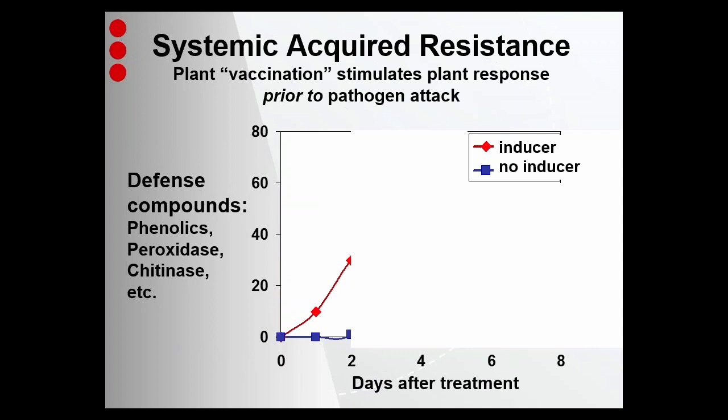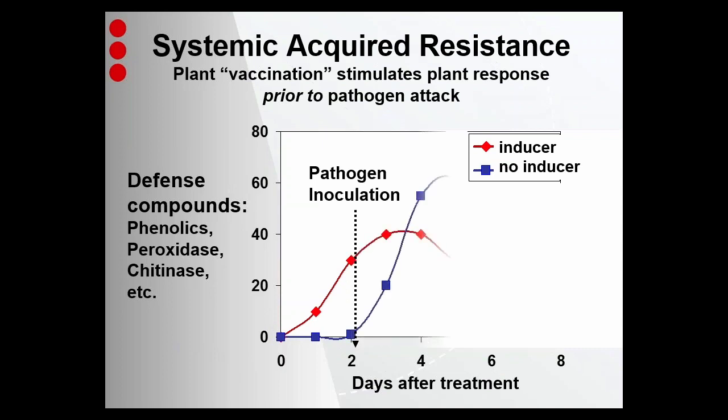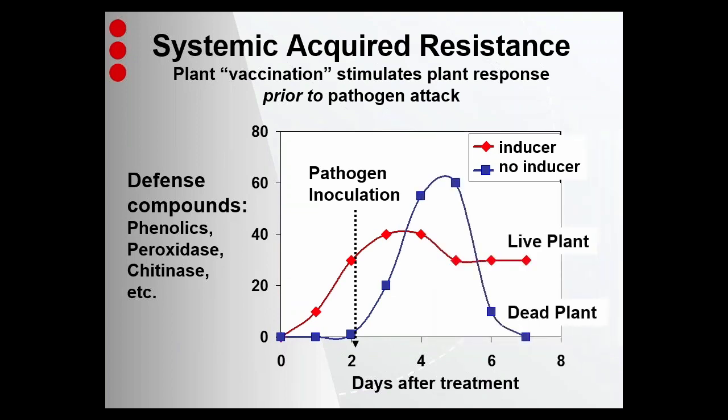So if there is an inducer applied, basically the plant starts to respond as though it has been attacked by a pathogen. It starts producing some of these defense compounds, so that when there is a pathogen applied, the plant is basically primed to respond. And what often happens then is that the plant that's not prepared tries to produce defense compounds after the fact, and it may or may not be a sufficient response.